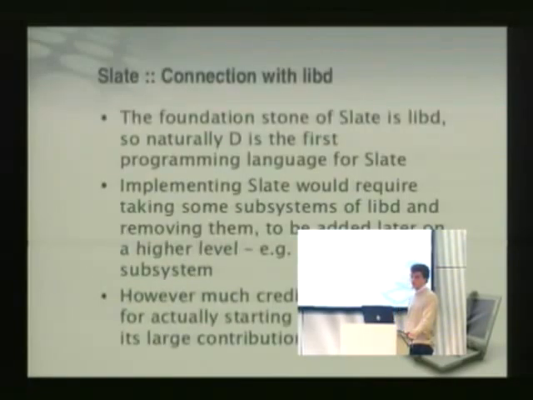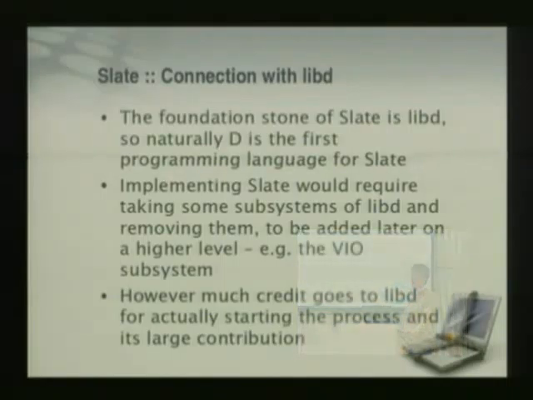So I'll describe Slate. It's based on libd, and no C code, just D applications. Implementing it would require removing some of Slate's subsystems and adding them at higher levels of abstraction. We think that we could go further with Slate than libd has gone.